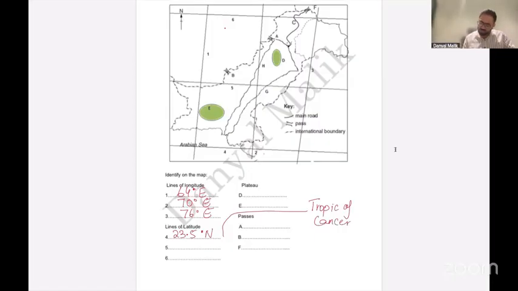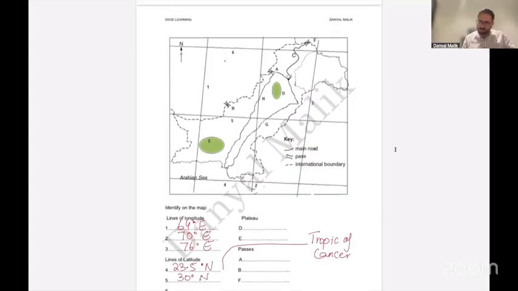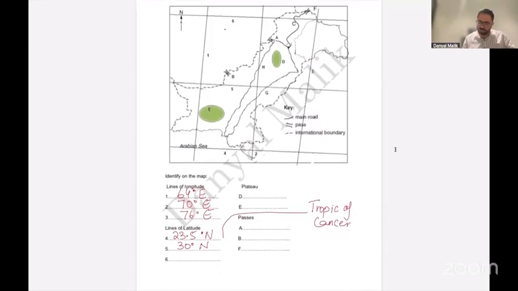Then number five is going to be 30 degrees north, and number six is going to be 36 degrees north.